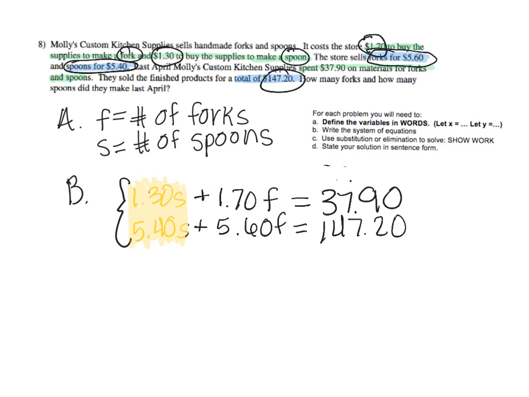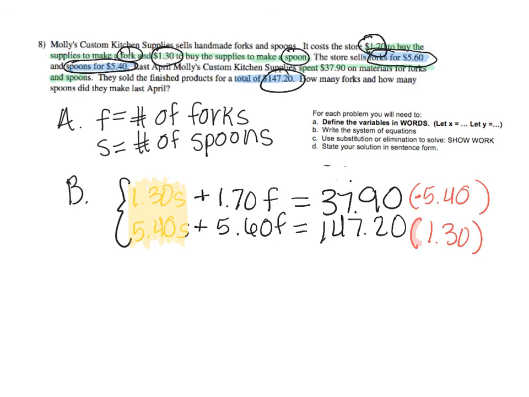So the bottom equation I'll multiply by $1.30, and the top equation I'll multiply by 540, but a negative 540. Because when I multiply them by each other, they'll get the same number. But then I'll do opposites because I need one of them to be negative.